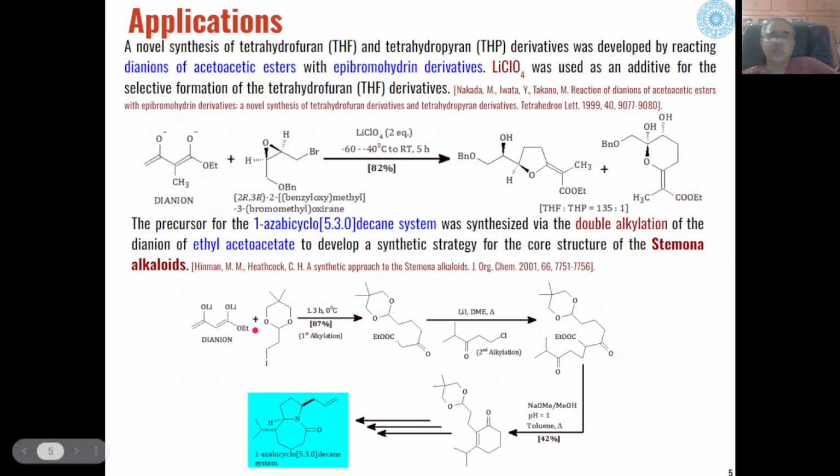Then similarly this reaction can be extended for the synthesis of 1-aza bicyclo 5.3.0 decane systems when double alkylation of ethyl acetoacetate is carried out, using this type of dianion which is formed from ethyl acetoacetate, reacted with these types of alkyl halides, and again they will undergo monoalkylation to give us these types of products.